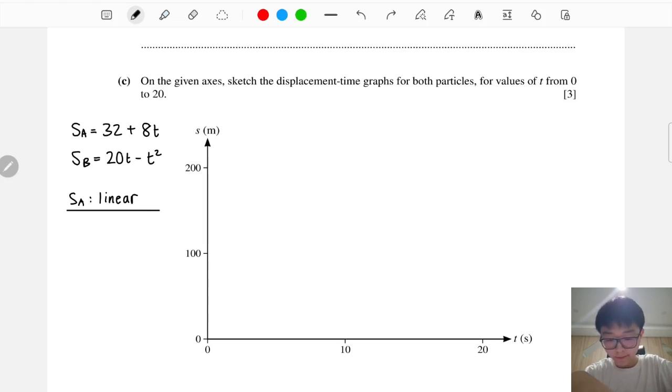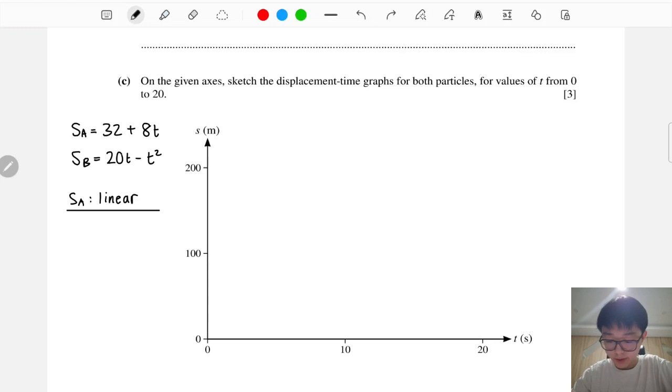Let's do S_A first. If we want to draw a linear straight line, we can simply find the value at t equals 0, the value at t equals 20, and then just draw a straight line from 0 to 20, right?